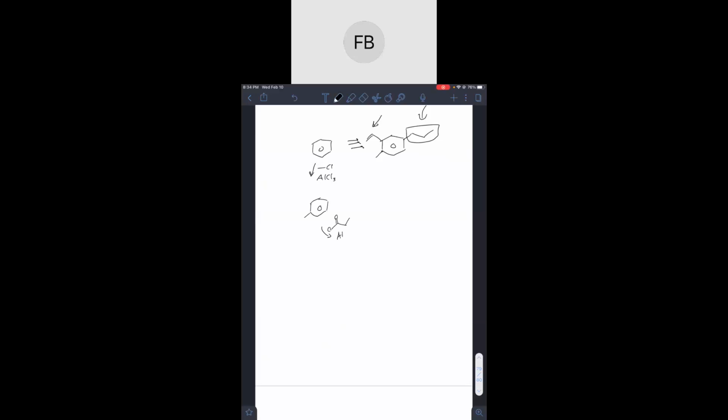All right, so this, and we'll get that into position. That went to the para position. Now if we put in our ethyl, it'll be perfect, because this will drag it towards the ortho position and this will drag it towards the meta position, so it'll go to the exact right position. So there we go with that.